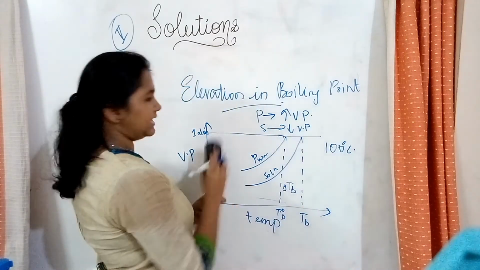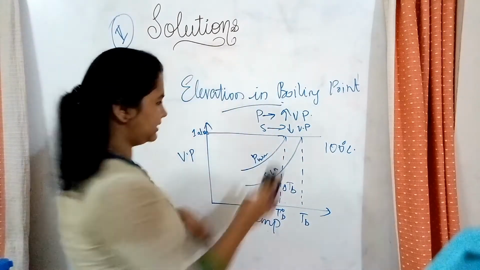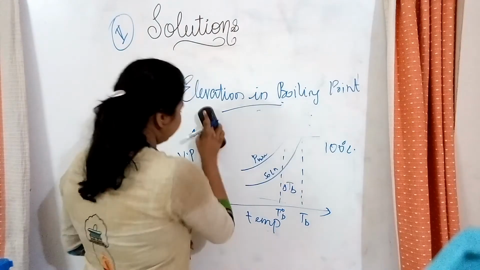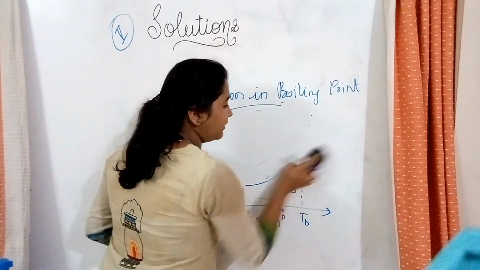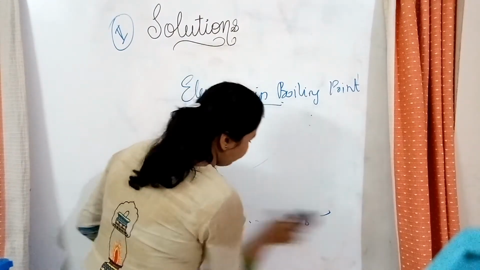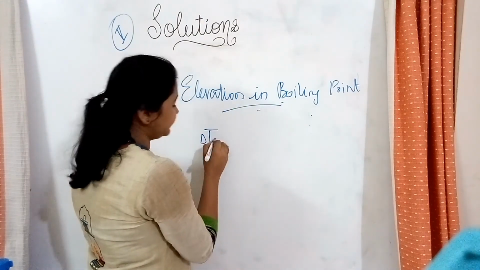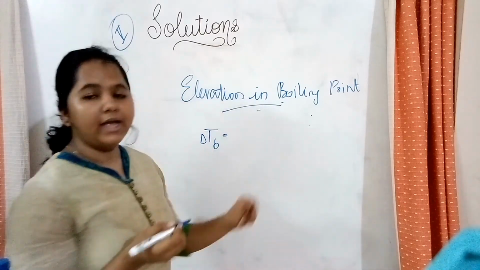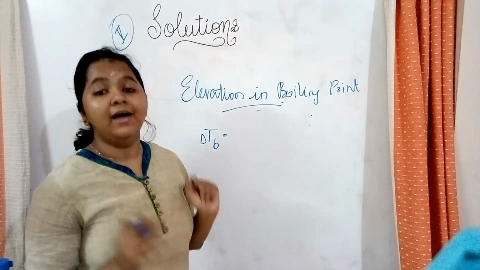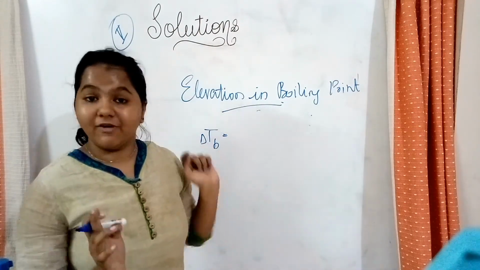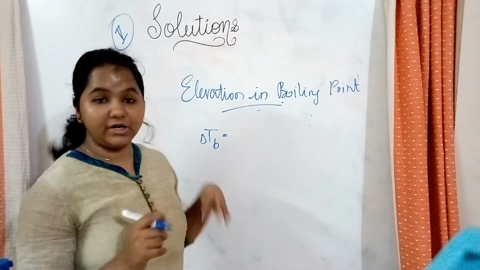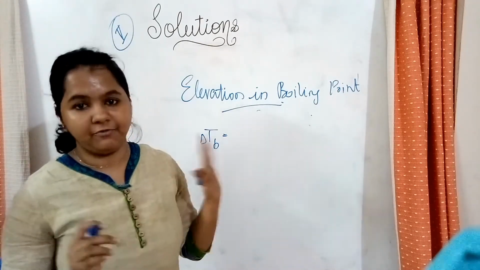So, let's write the equation. You saw the graph now, I'm just rubbing it. Now we have to find delta TB, no? So delta TB is equal to, in the previous case our solution had lower vapor pressure, but over here our temperature is higher for the solution.